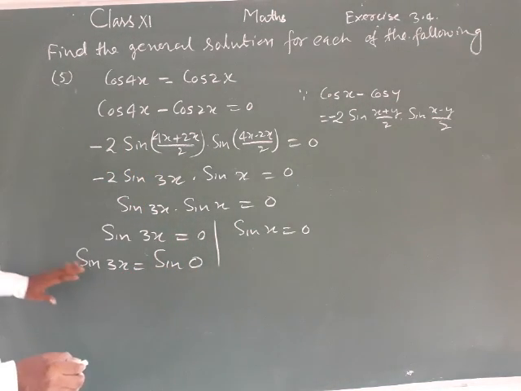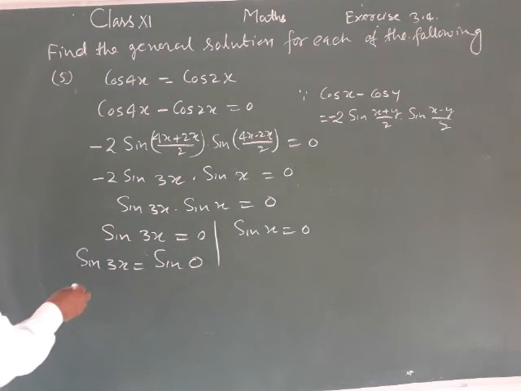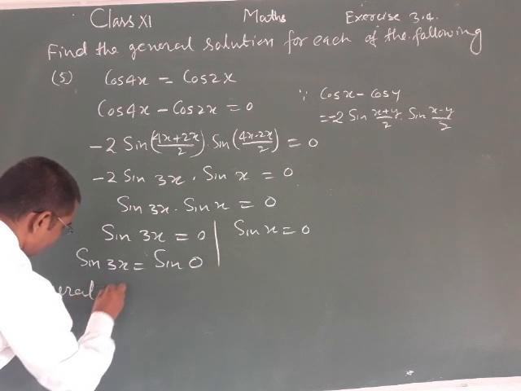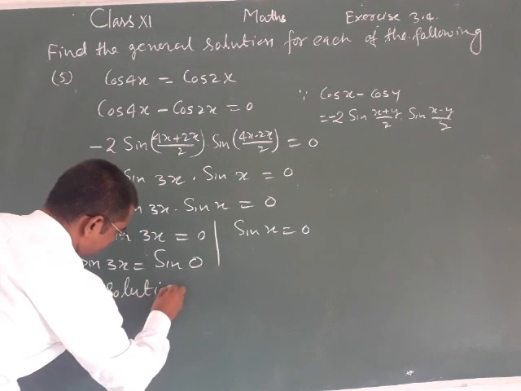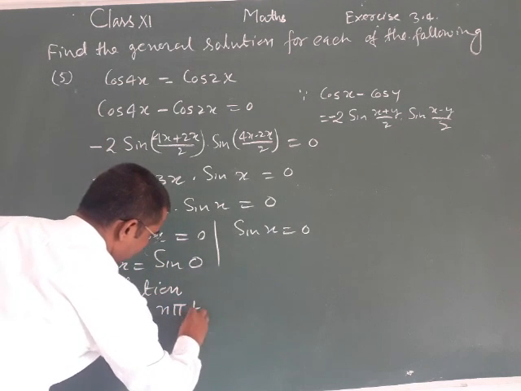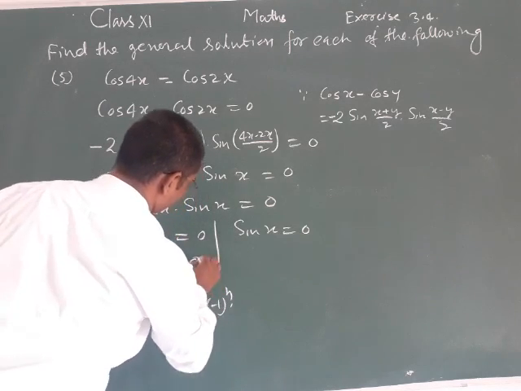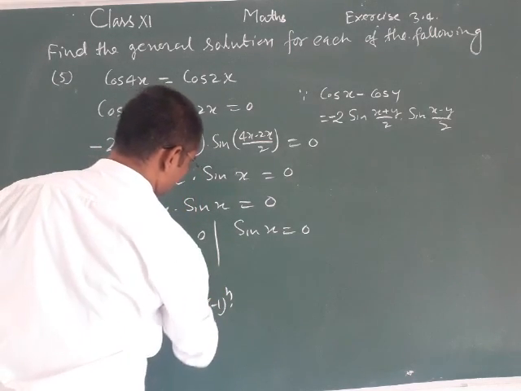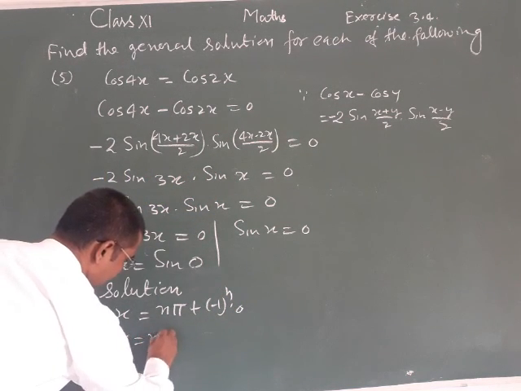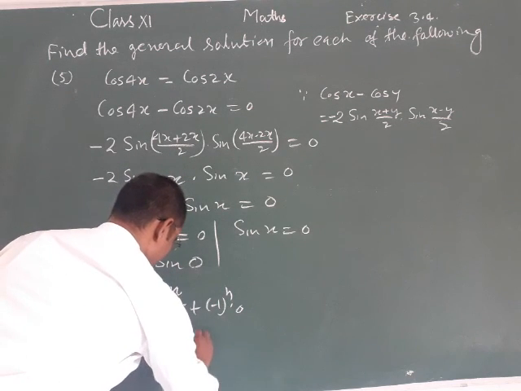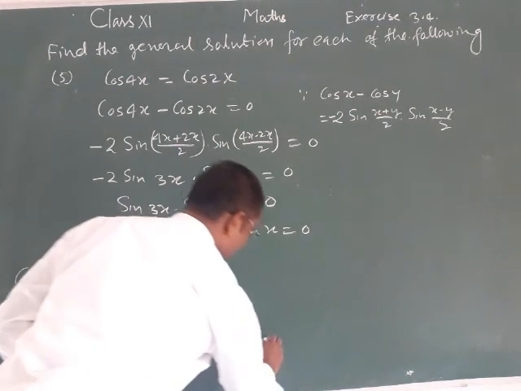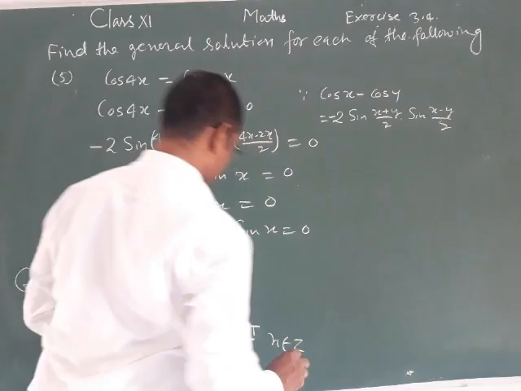So now the general solution of this: 3x is equal to n pi plus minus 1 to the power n into 0, so 3x is equal to n pi. Also we can write x is equal to n pi by 3, n belongs to z.